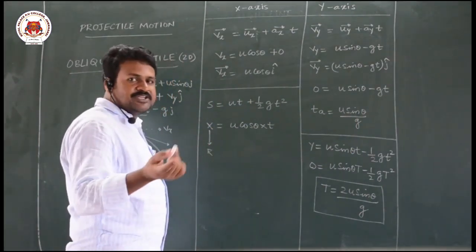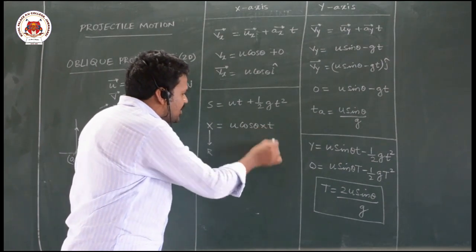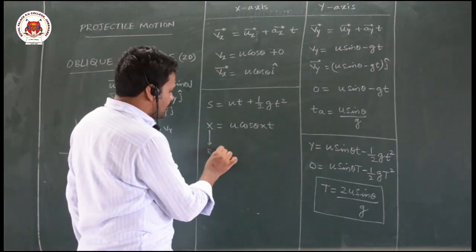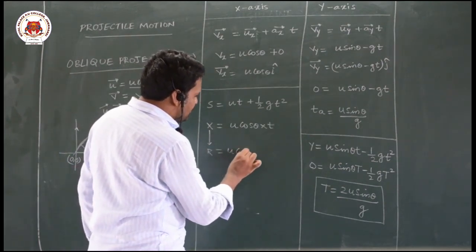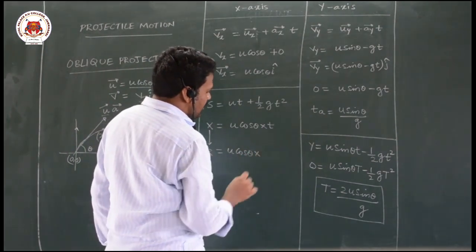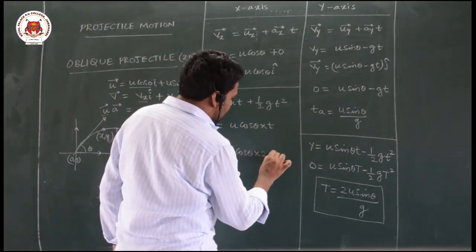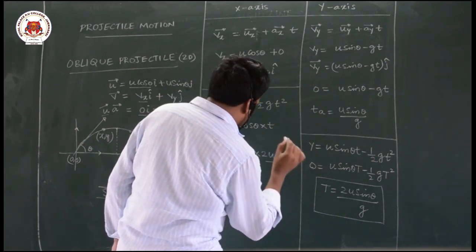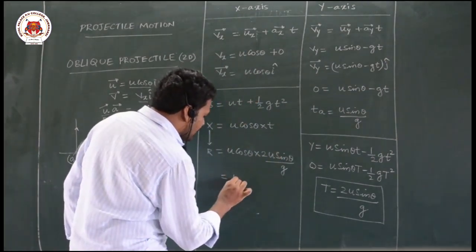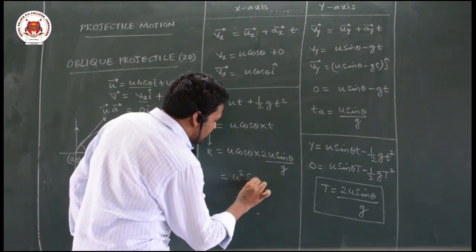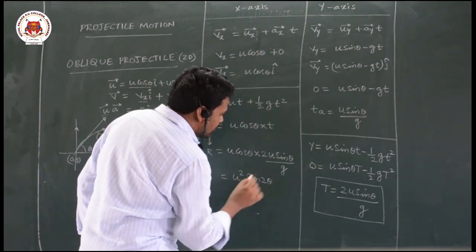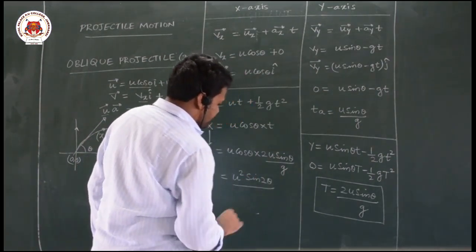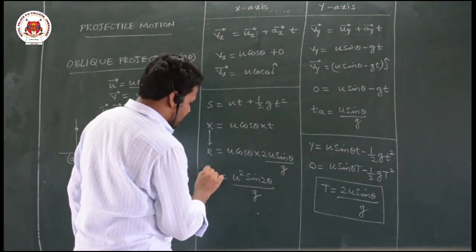Range is maximum horizontal distance when time becomes time of flight. So range is equal to u cos theta into t, that is u cos theta into 2u sin theta by g. So this is u square sin 2 theta by g. This is formula for range.